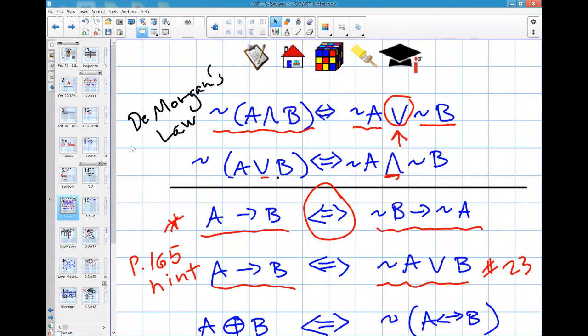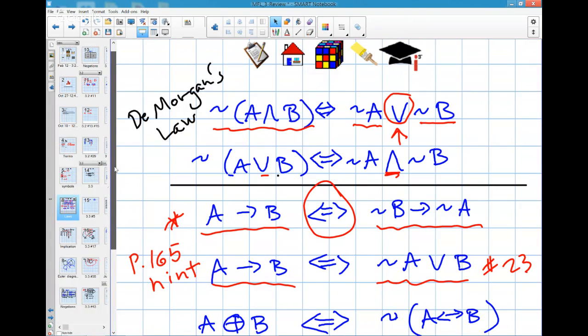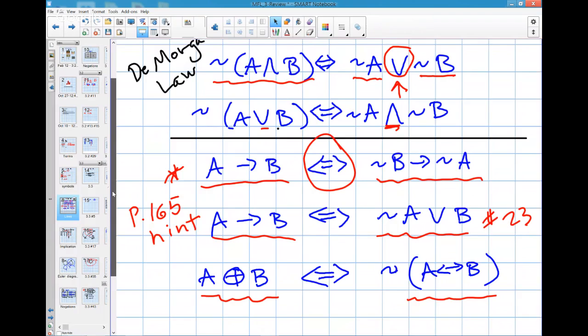The ones at the bottom below the line, I'm not sure you have to have memorized, but these are also things that we learned. So if you take an if then, like if A then B, and you flip it around and you negate them both, so if not B then not A, do you remember that's called a contrapositive?